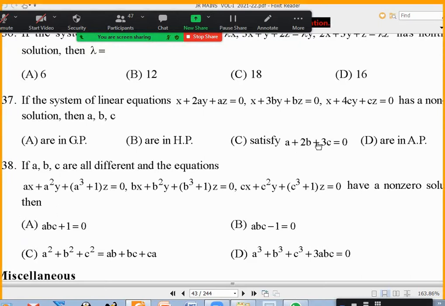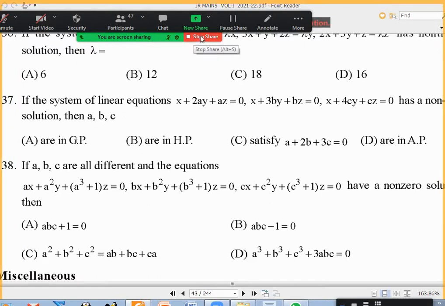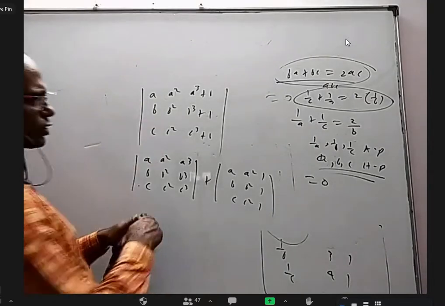So when I take this, A square, A cube plus 1, B square, B cube plus 1, C square, C cube plus 1. If I split it, it is A square, A cube, B square, B cube, C square, C cube plus A square 1, B square 1. This should be 0.